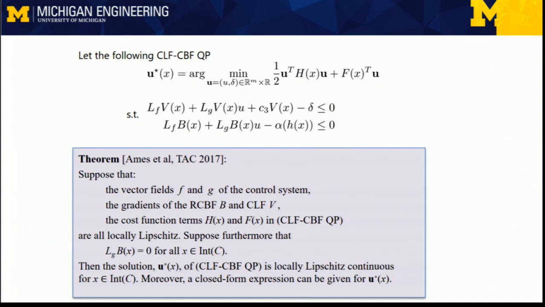Then you can formulate a quadratic program that is trying to find the minimum norm control input such that these constraints are met. This would be the safety constraints, and this would be the convergence constraints towards the desired set point.